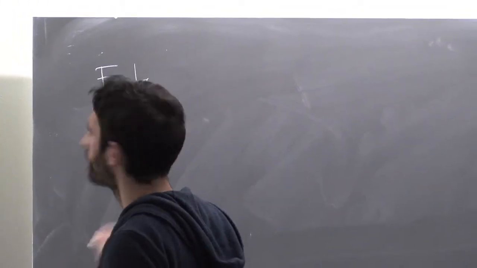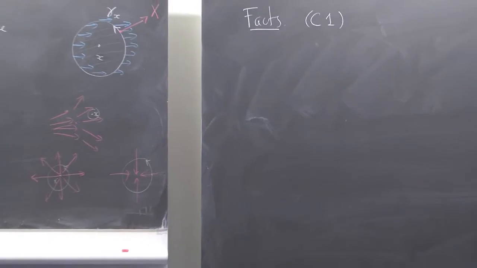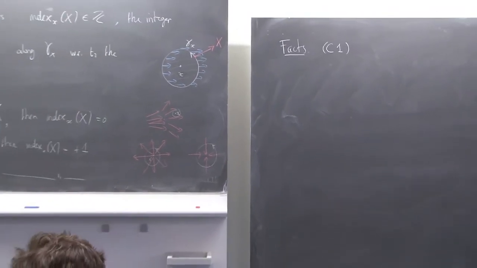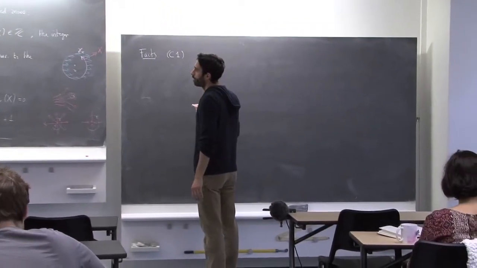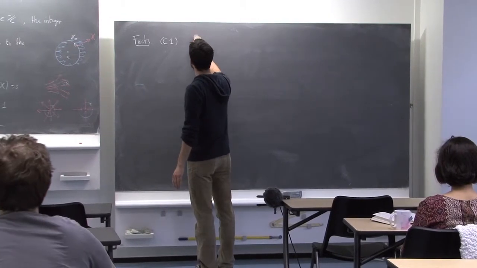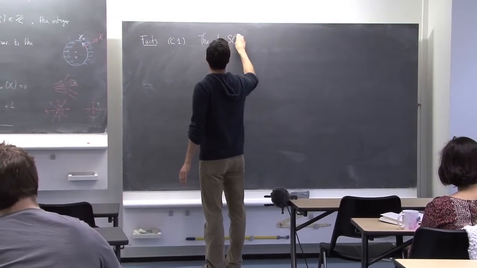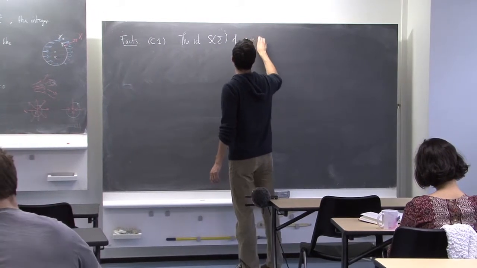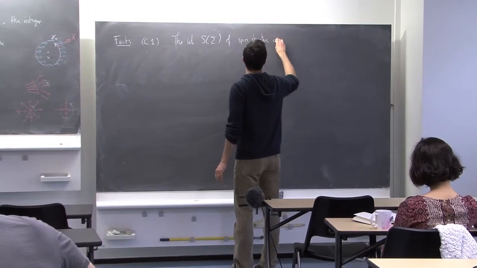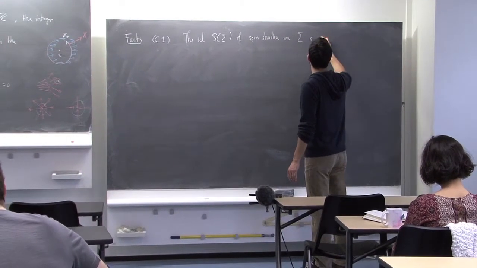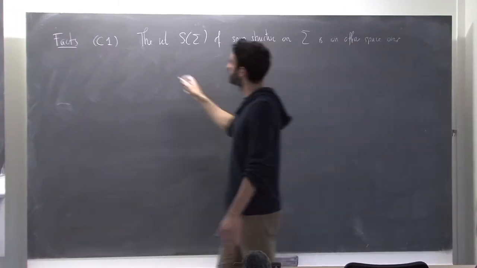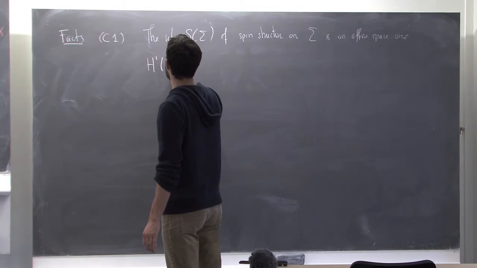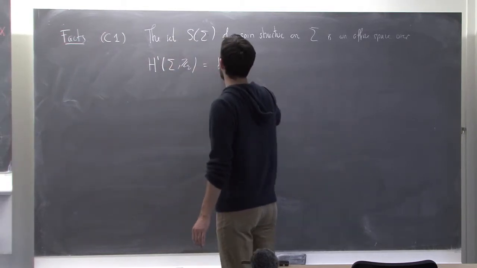Facts. So now I'm in this list. Facts. Okay, so first a fact about spin structures. So the set of spin structures on sigma is an affine space over the dual of the homology.